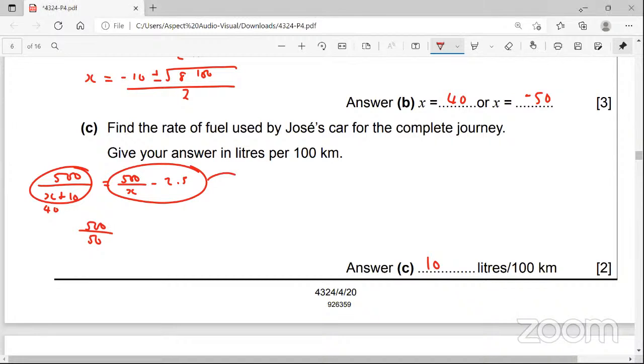If I put it in here, I'll say 500 divided by 40 minus 2.5. 500 divided by 40 gives you what? 12.5 minus 2.5, you get 10. So whether you use this expression or the other expression, you will get the same answer. All together. Yes.